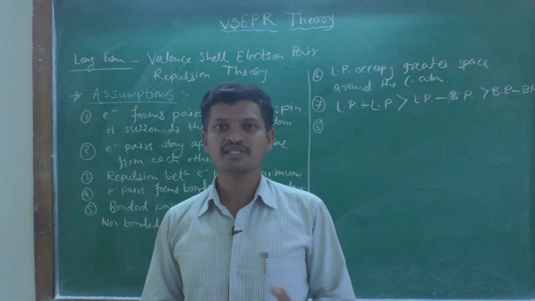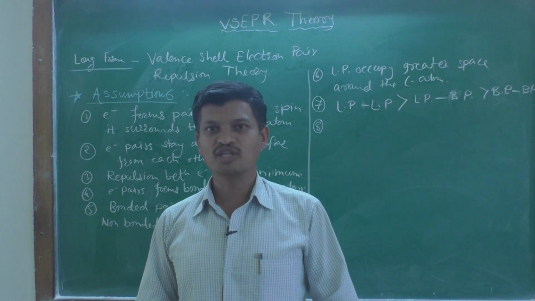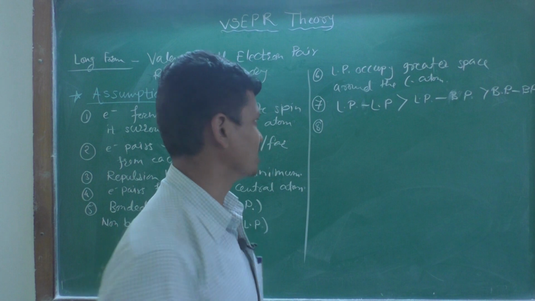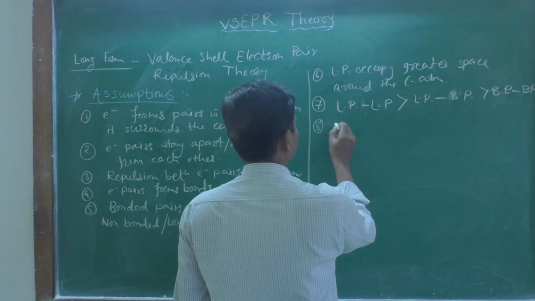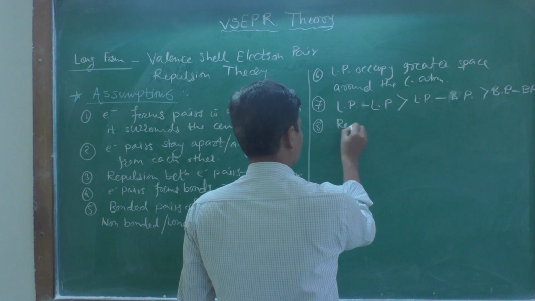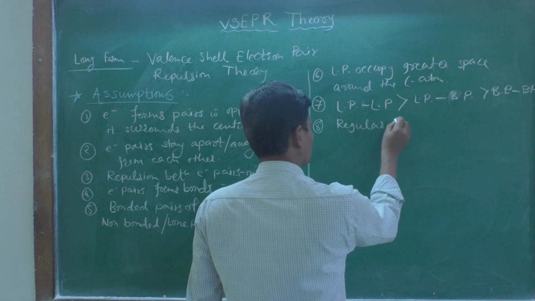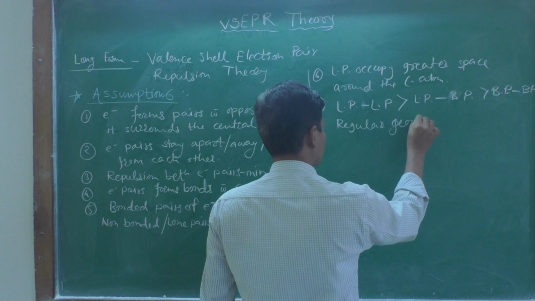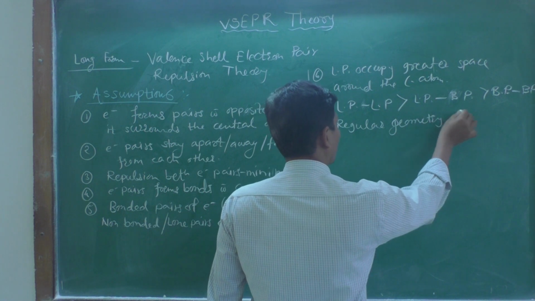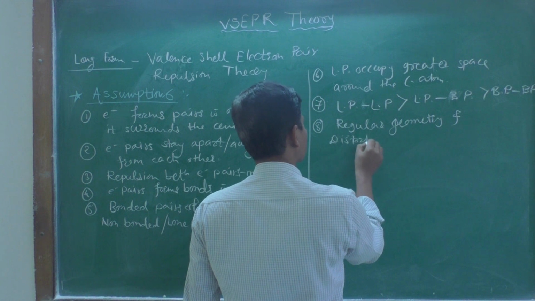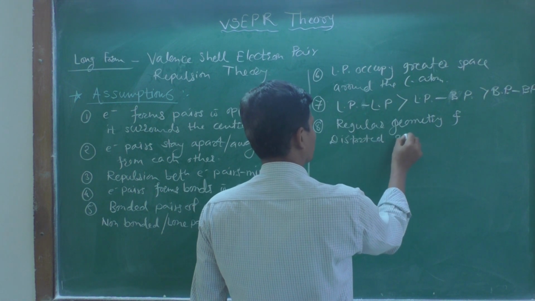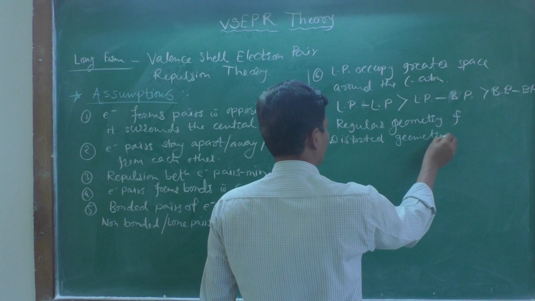It will not get the regular geometry. So the last assumption is related to regular geometry and distorted geometry.